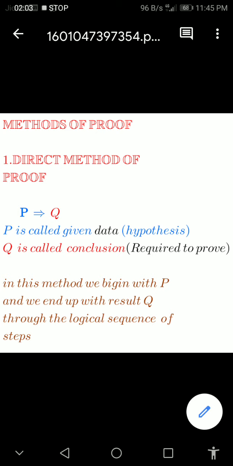In mathematics, every statement or every theorem or every problem is in the form of P implies Q. That means if P, then Q. Here, P is called the given data and Q is called the conclusion.